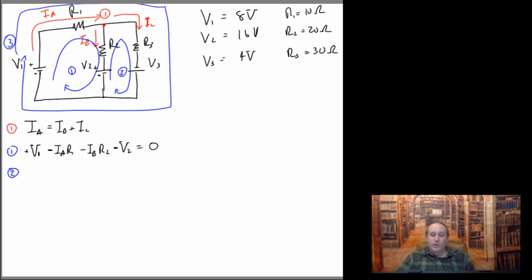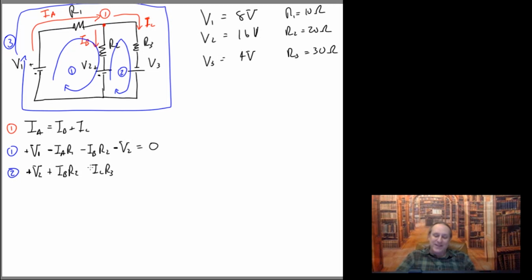So then for loop 2, the first thing we see is V2. And now we're going with the battery. We're going in the direction the battery is facing. So we have a plus sign. You don't have to write the plus sign there, but I'm writing it just to remind us all that we thought about it already. Then we hit resistor R2. So we have an IB R2, and we are going against the current. So we get a plus sign there. And now we come to IC and going through R3.